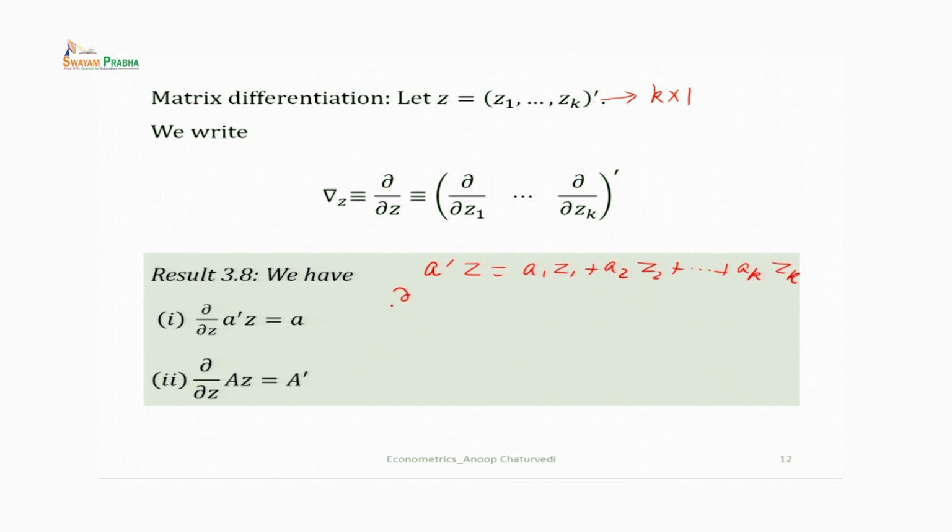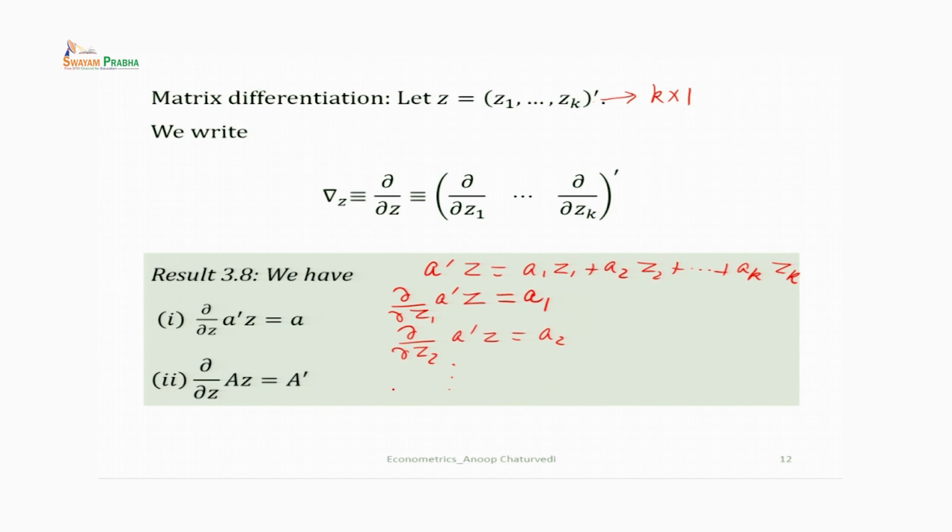So, if you take del over del Z 1 of A transpose Z, then this is equal to A 1, del over del Z 2 of A transpose Z is equal to A 2, and so on.